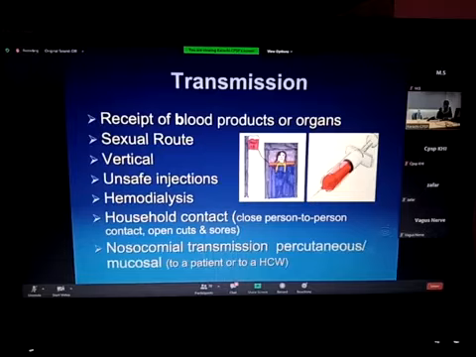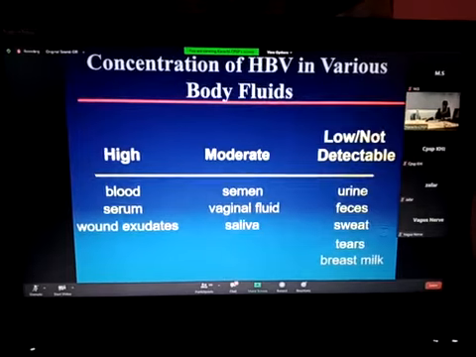More importantly nowadays is hemodialysis. If the same hemodialysis machine is used for both infected and non-infected people, then this could be a source of infection. Nosocomial transmission: if you as a healthcare worker are not vaccinated, then you have a high risk, especially if you are dealing with the blood and body fluid of the patient.